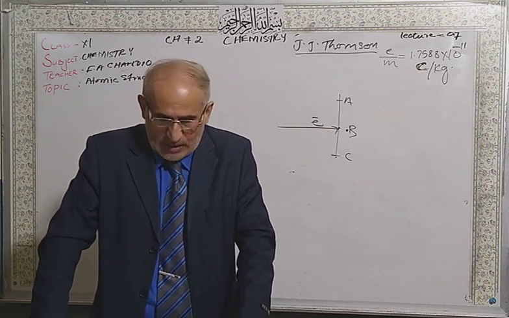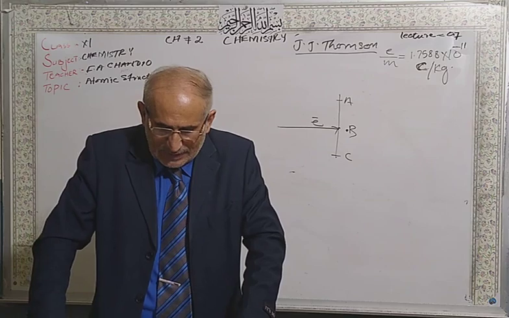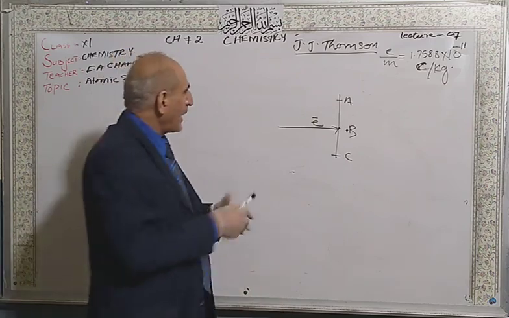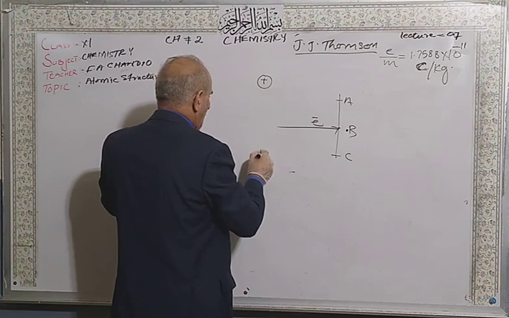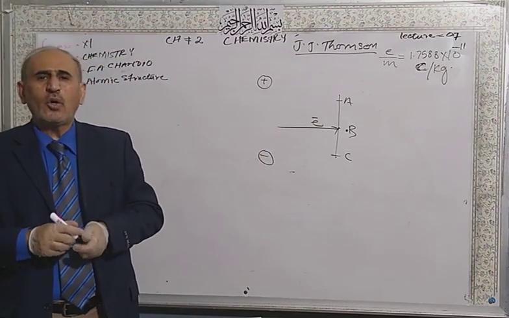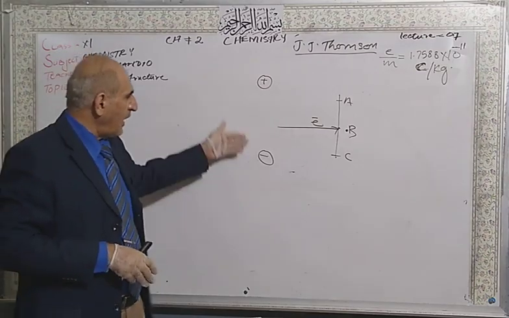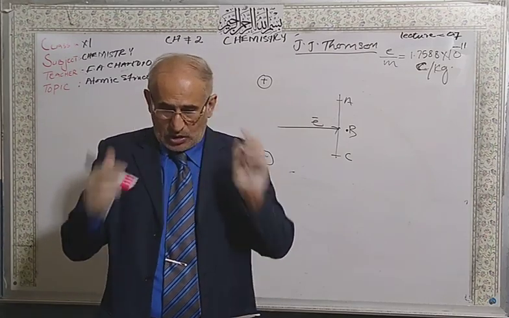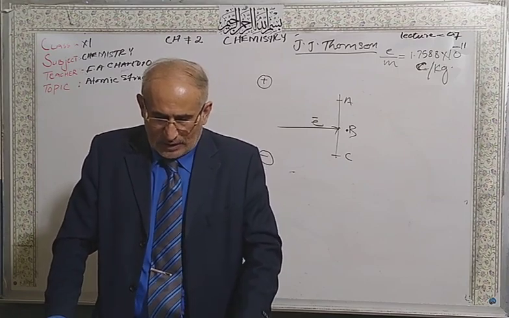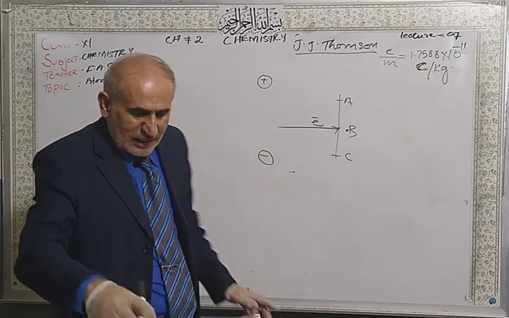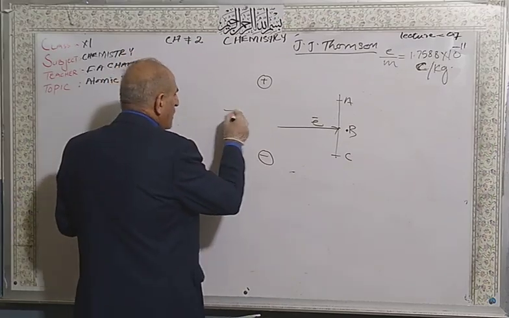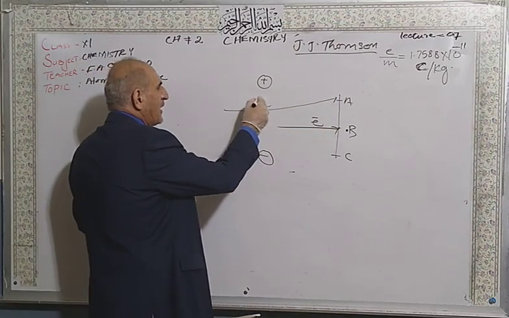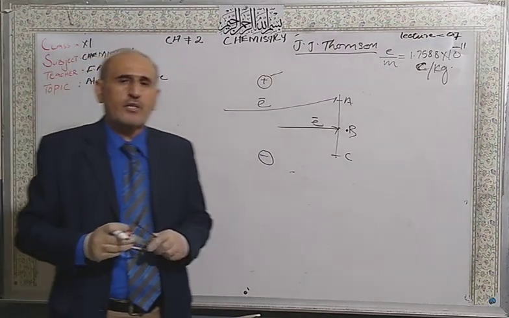Then, under the effect of an electric field, with positive here and negative here, anode and cathode, the electrons strike point A, because electrons have negative charge and they deflect towards the positive.